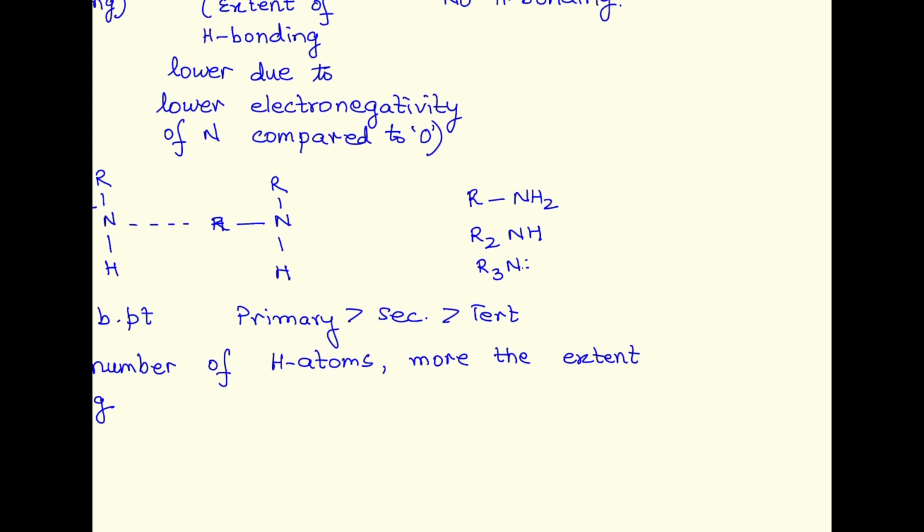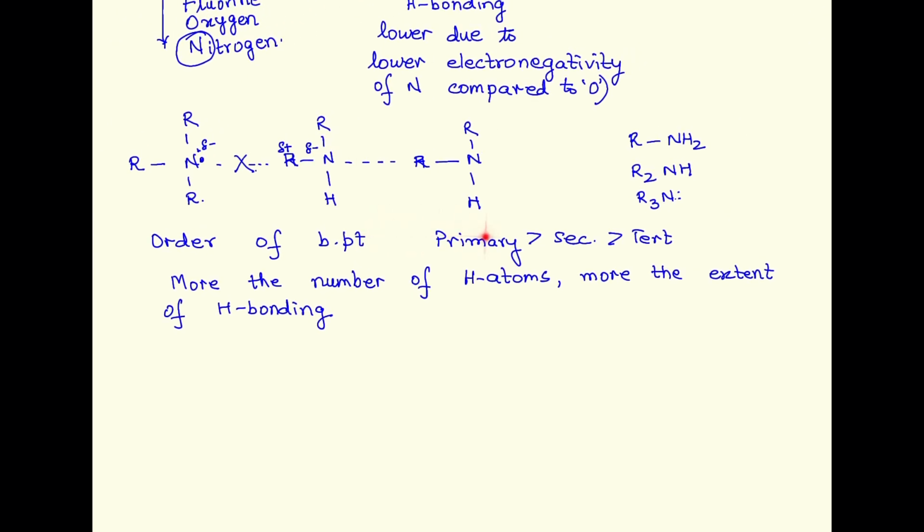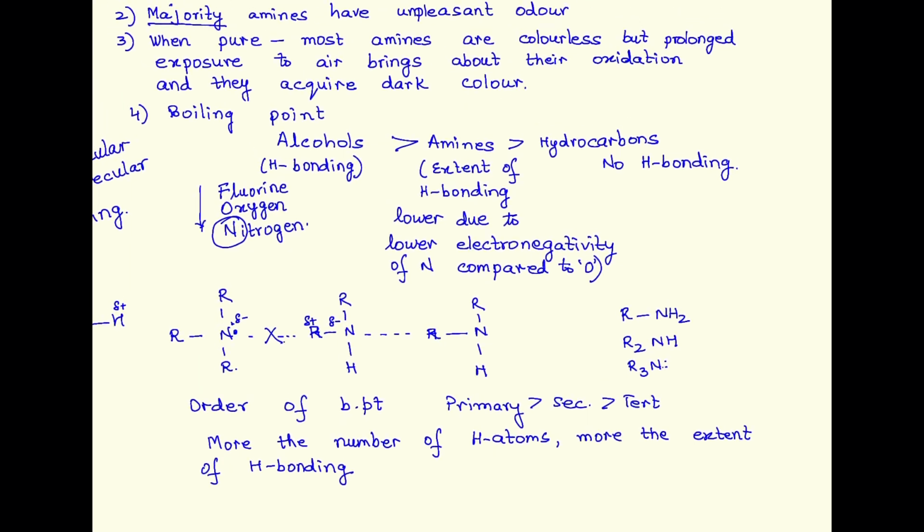Yes, it is going to go down in the order primary greater than secondary greater than tertiary, and this also explains why the order of boiling point in the case of amines is primary greater than secondary greater than tertiary. More the number of hydrogen atoms, more the extent of hydrogen bonding.